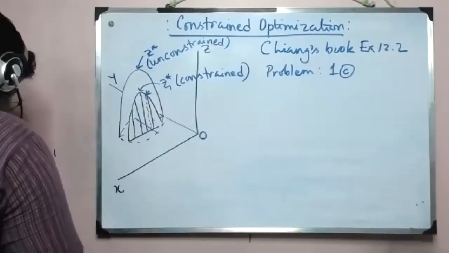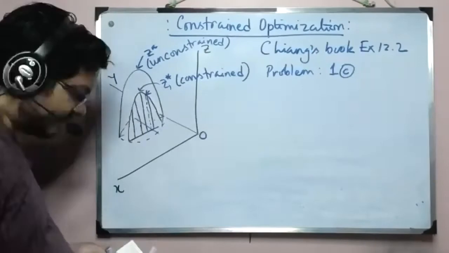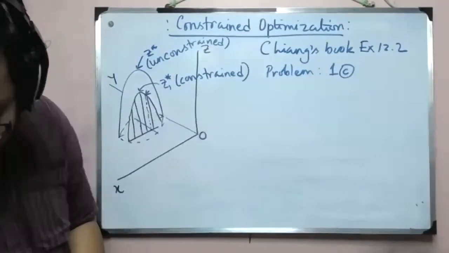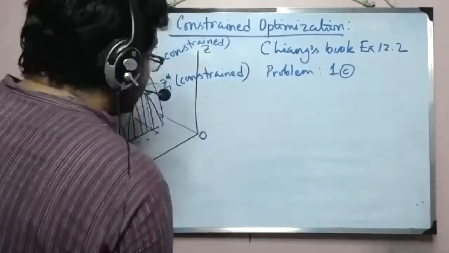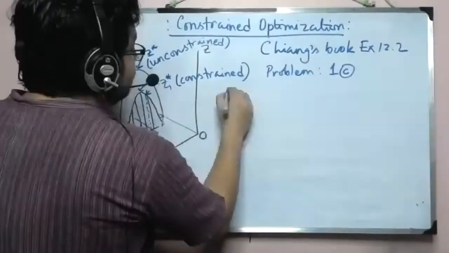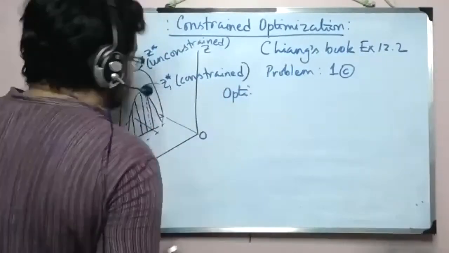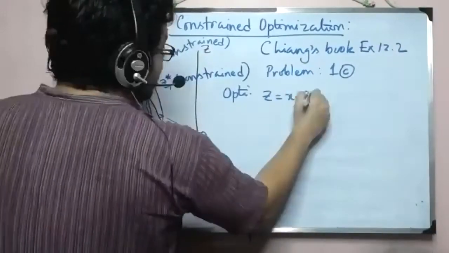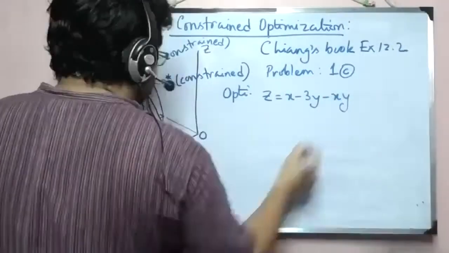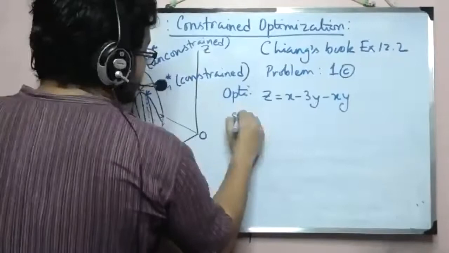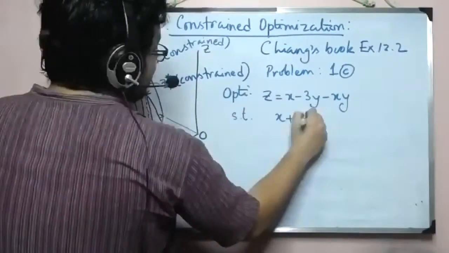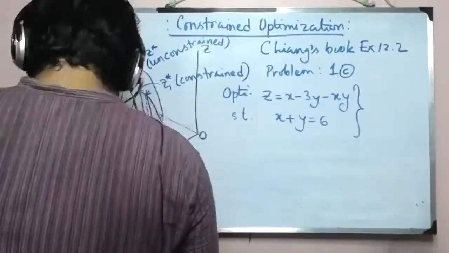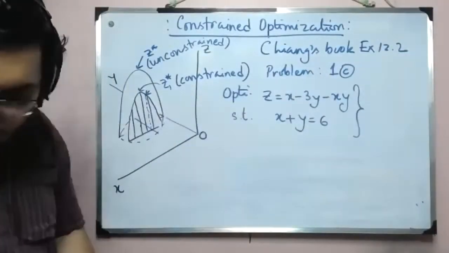So in 1C, the problem is basically this: optimize z equal to x minus 3y minus xy, subject to x plus y equal to 6. So that is our problem.